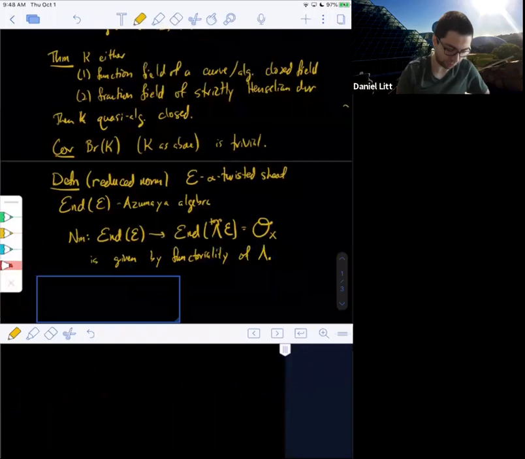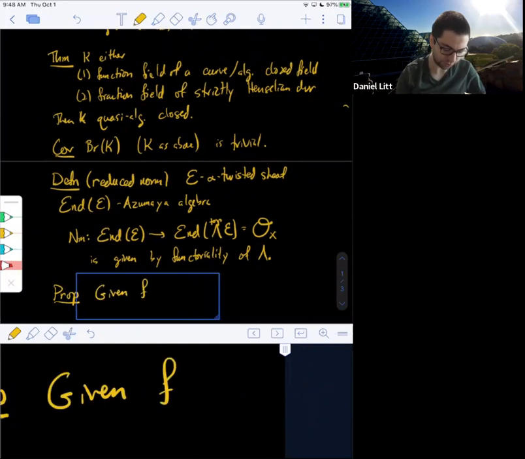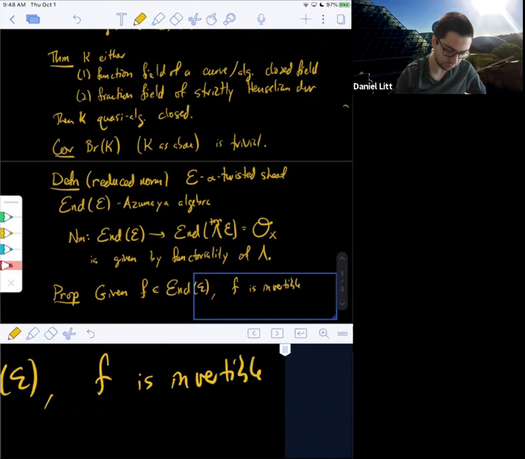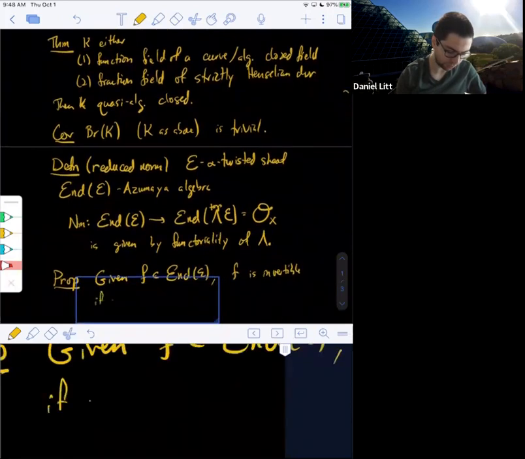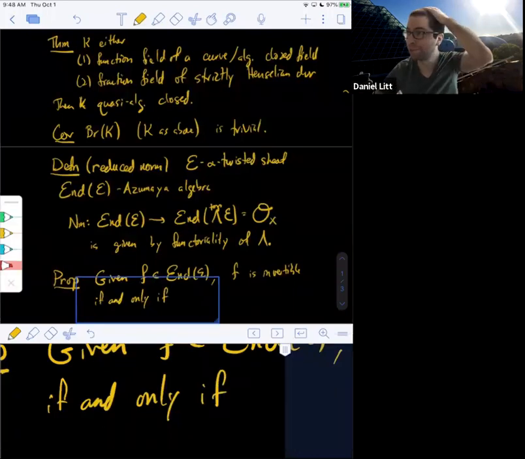Okay, and then the simple proposition is that, given an endomorphism of our twisted sheaf, so F in End(E), F is invertible if and only if... So can anyone tell me, how do you check if a matrix is invertible?